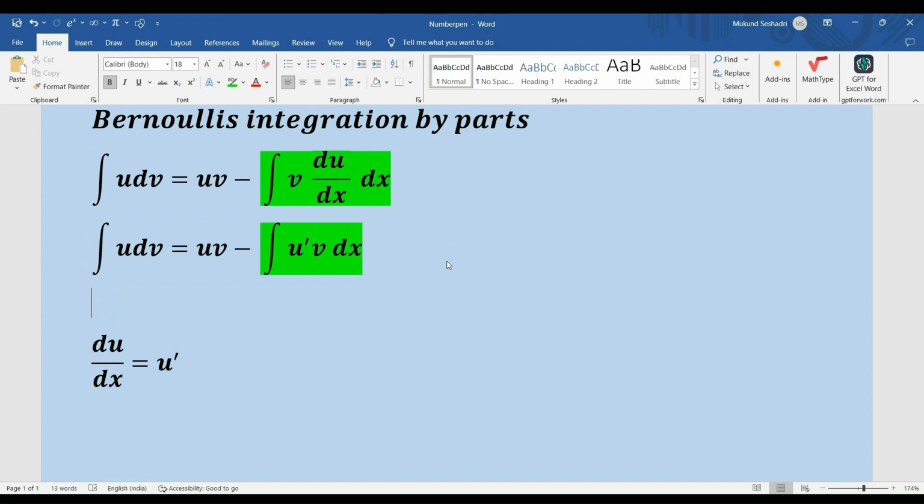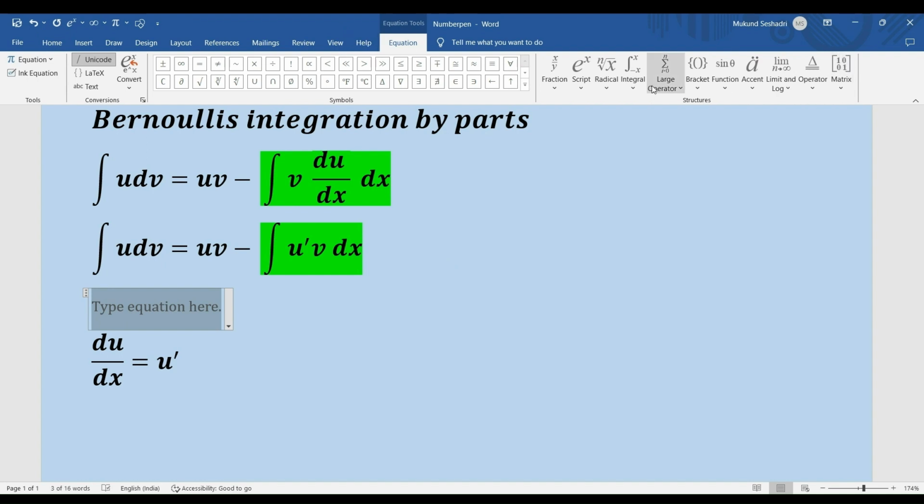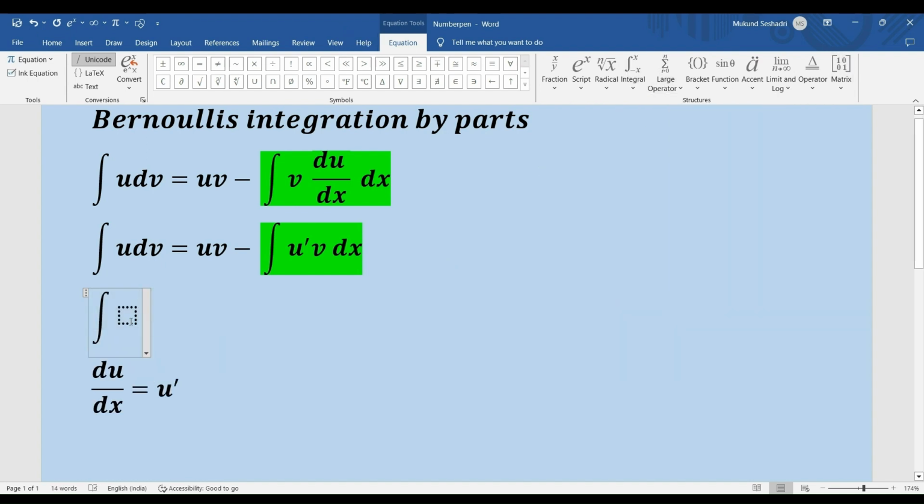For the sake of applying integration by parts to the green expression, I'm going to rewrite the basic formula not using u dv, but using f and g. If f and g are two differentiable functions, then the integral of f dg equals fg minus the integral of g df. The reason I wrote this using f and g is because I'm going to apply integration by parts again to the green expression.